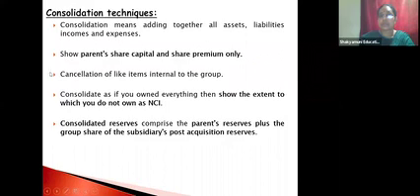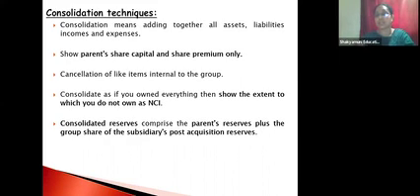Consolidated reserves. We have spoken about equity, share capital plus premiums, but the balance sheet will also have reserves, right? Parent reserves and subsidiary reserves. Consolidated reserves comprise parent reserves plus the parent's share of subsidiary reserves.